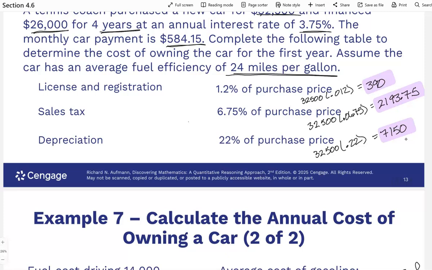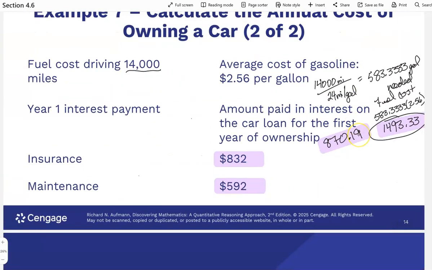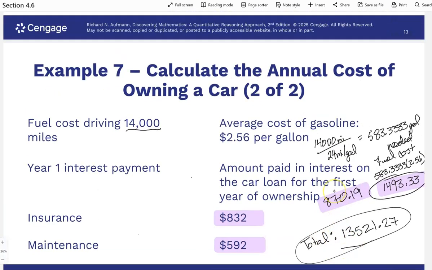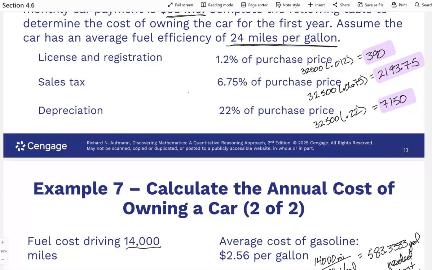It's going to give us a grand total of $13,521.27. So that's the cost of owning and operating that car for that particular year.